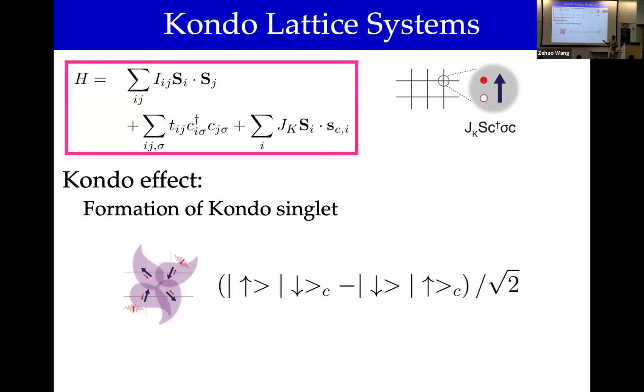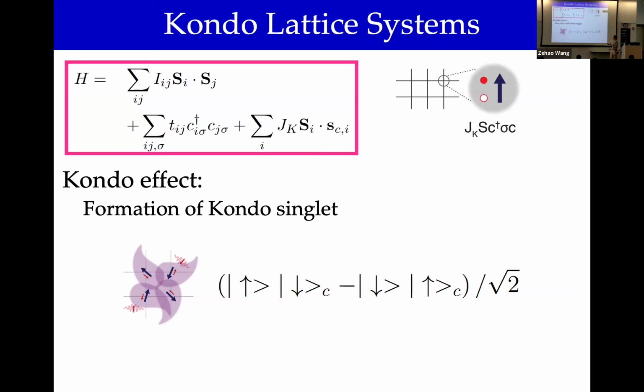For simplicity, I'm just going to call this the RKKY interaction. That's what's done in the field. And then there's this antiferromagnetic interaction between the two species of spins, which we are going to call Kondo interaction, in tribute to Jun Kondo, who figured out a lot of the physics associated with this.